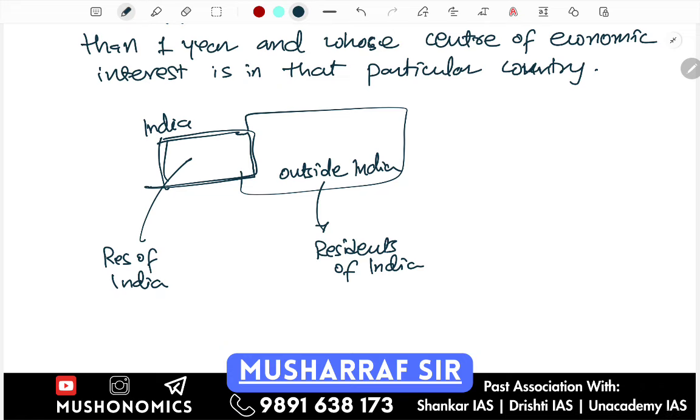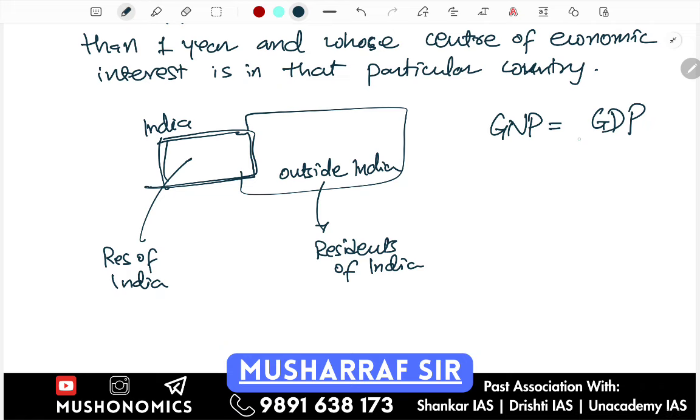So when we calculate GNP, what do we have to do first? In GDP we have included the income of foreigners also, right? And in GDP we have not included income earned from abroad.